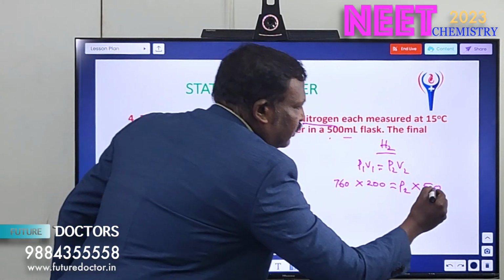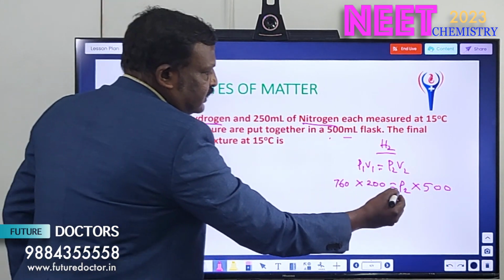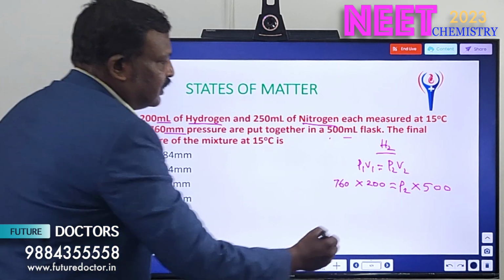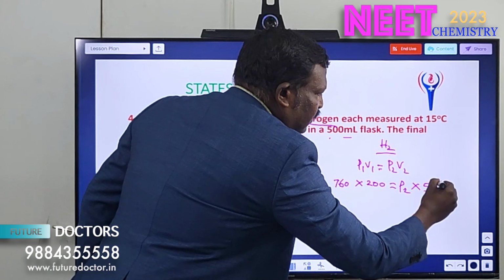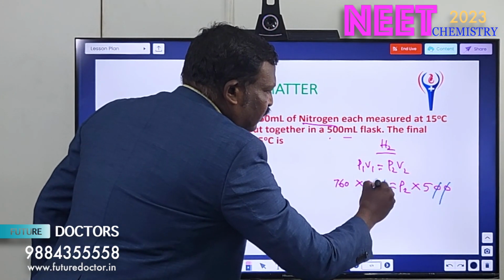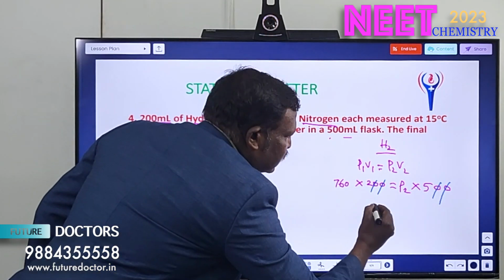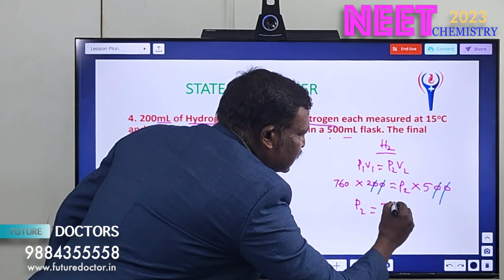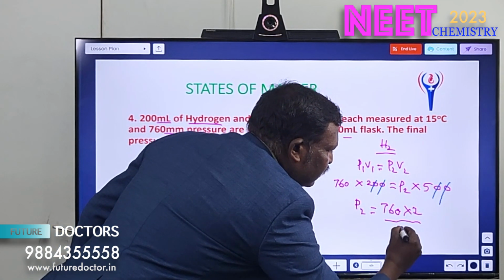So if we simplify, we get the pressure for hydrogen. Just cancel this 20 and this 20. Understood? Then P2 is equal to 760 into 2 by 5.